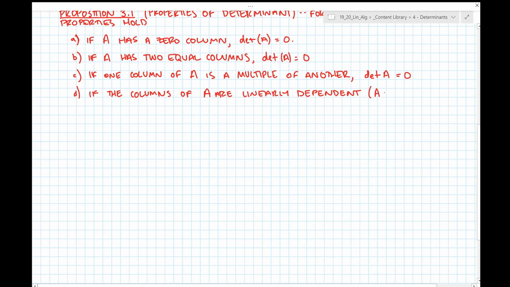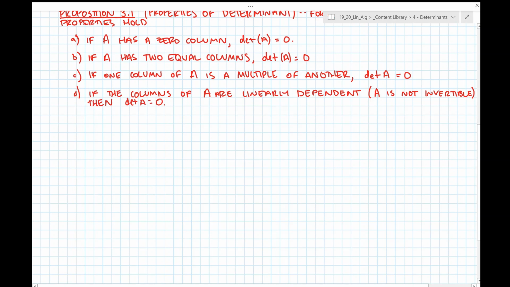That means A is not invertible. Ooh, that's important. Then I'll bet you can guess the determinant is 0.